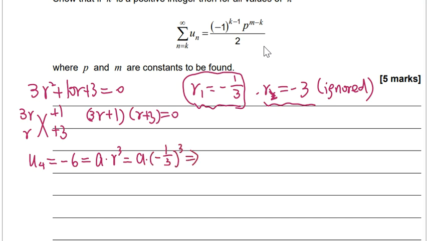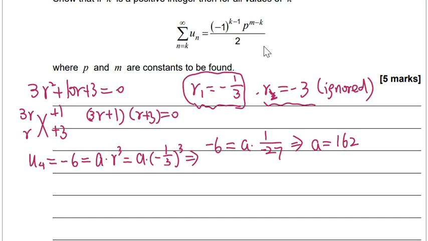So we've got negative 6 is going to be a times something like this, right? Negative 27. So we've got a is going to be 162. So I hope you can see that 162 is quite a special number.